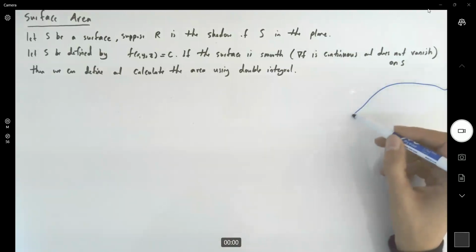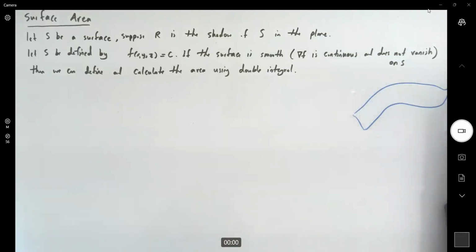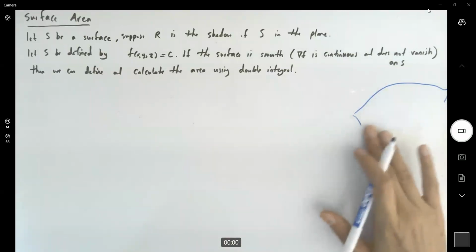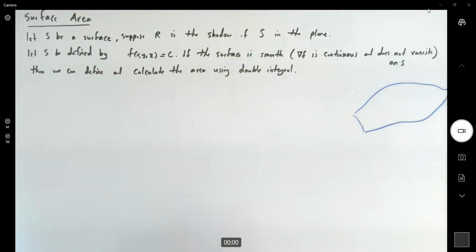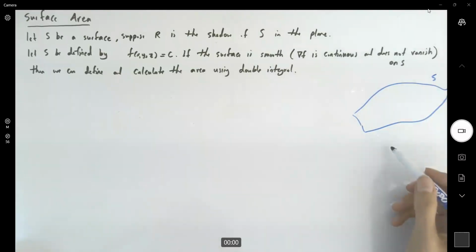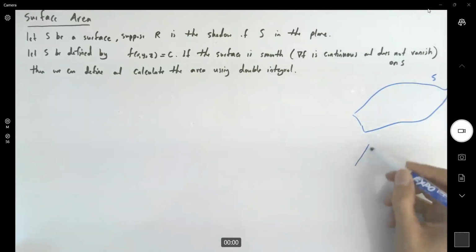Suppose you have your surface. This is your S. Just make it a little bit larger. And the shadow of S on the plane is just R down here.